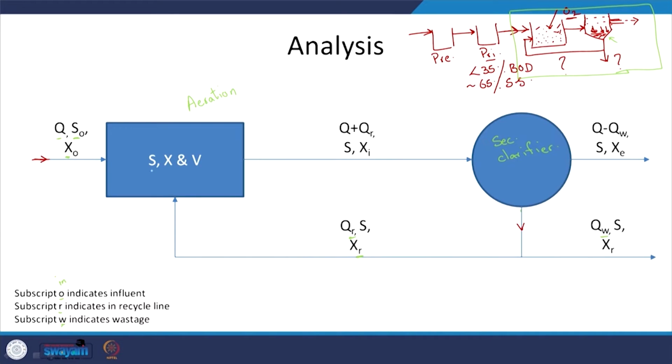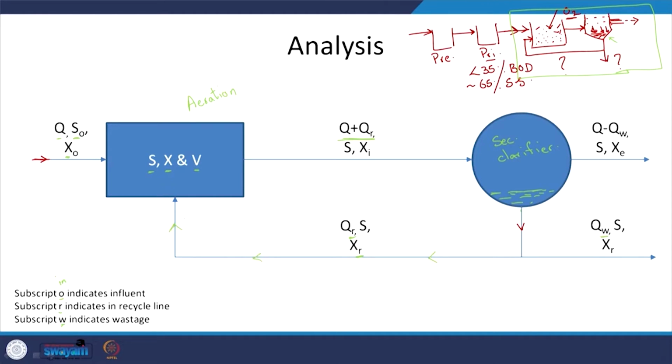So, what is happening here? Inside the tank we have substrate, microbial concentration and volume of the tank. These are the variables that we are concerned with. We will look at other variables too. So, here we see that now the flow rate is not just Q, it is Q plus QR. Why is that? We know that some of the settled sludge, which is the microorganisms, is going to be recycled back.